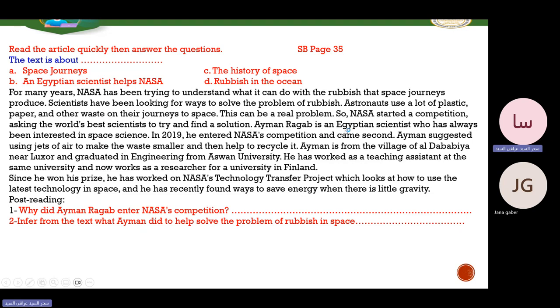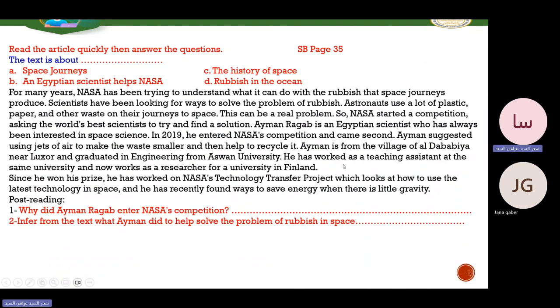Ayman Ragab is an Egyptian scientist who has always been interested in space science. In 2019, he entered NASA's competition and came second. Ayman suggested using jets of air to make the waste smaller and then help to recycle it. Ayman is from the village of El Dabaiba near Luxor and graduated in engineering from Aswan University.